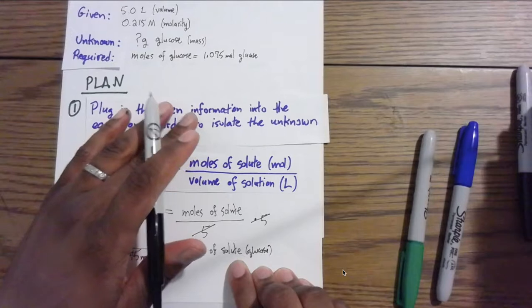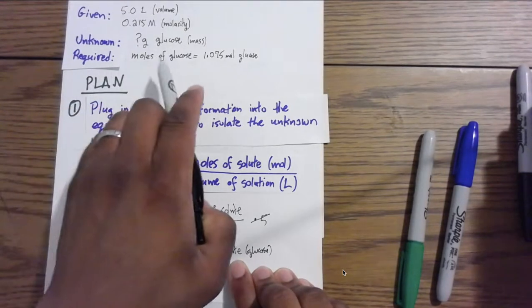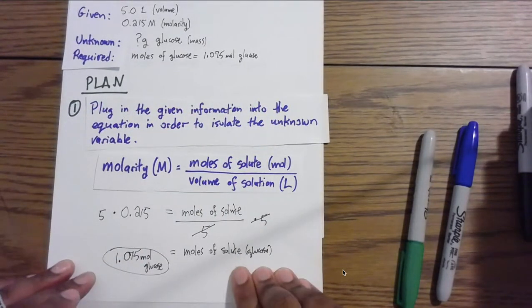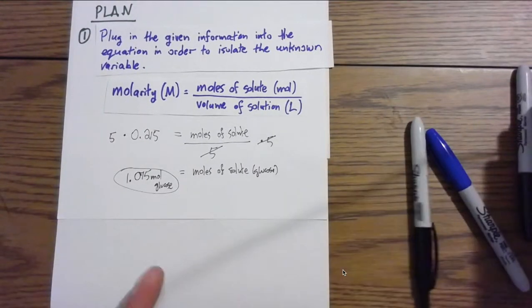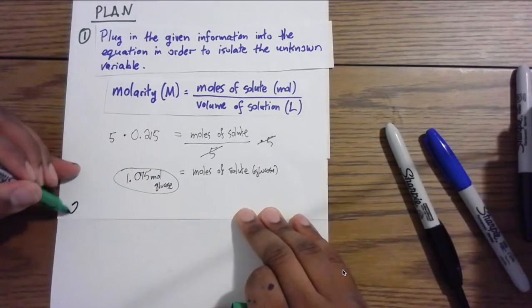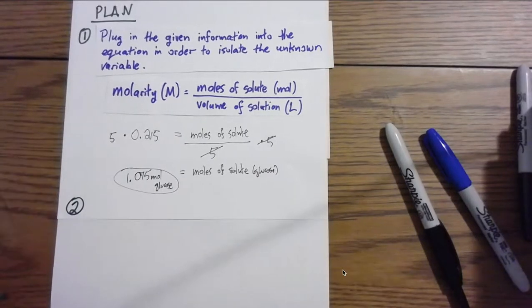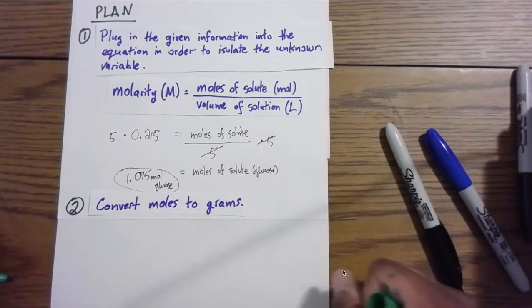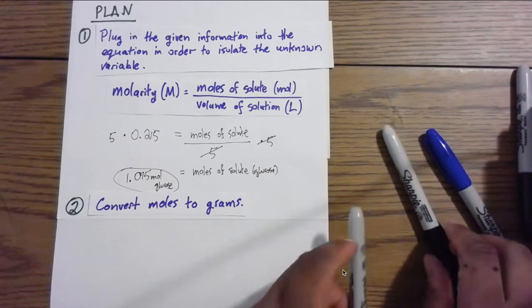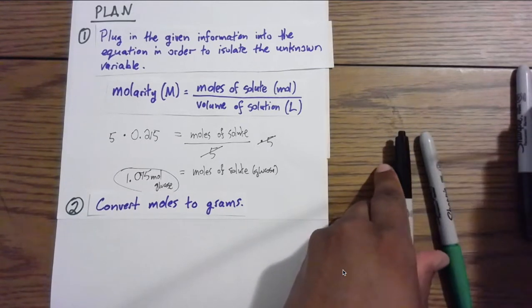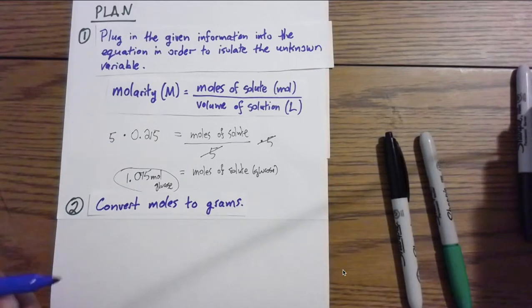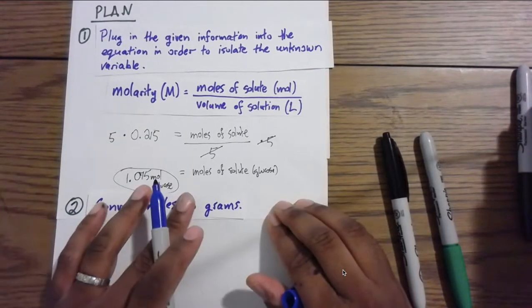Now that we have the required information, the moles, we can go ahead with step 2 of our plan, which is to convert moles to grams. In order to convert moles to grams, we need to know the molar mass of glucose.